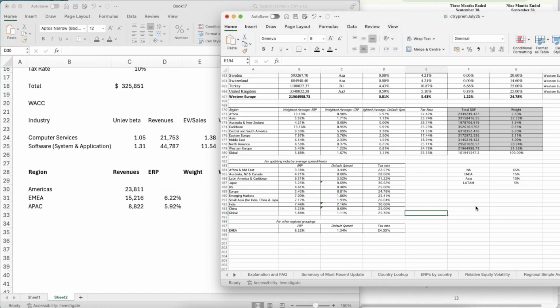Then the Americas. So if we were to go with Latin America and the Caribbean, 9.51%, and the US being 4.61%. The majority of this revenue is coming from North America, from the US and Canada. Then Latin America would be maybe 10% of that. We don't necessarily know for sure, but okay, we're actually using regional simple averages.